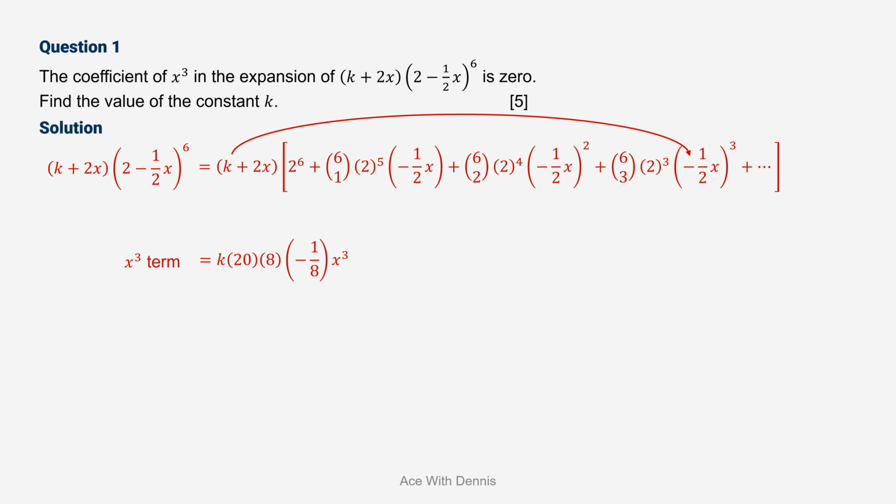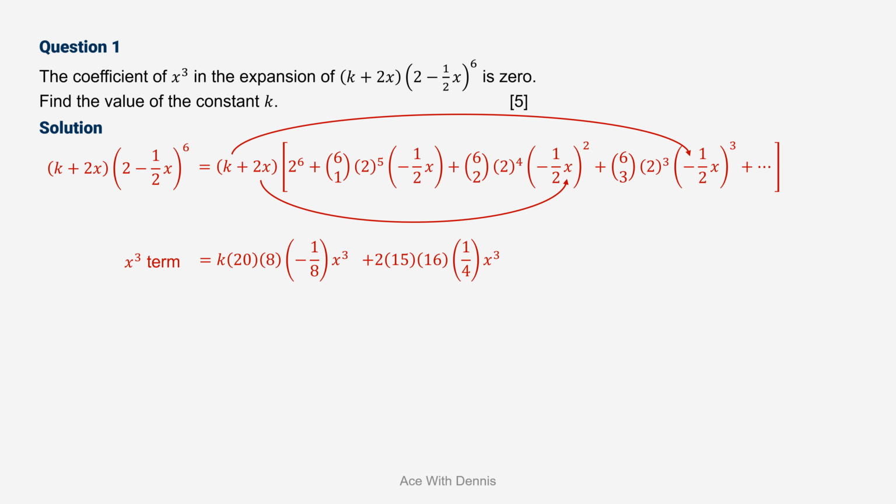Which we get k times 20, because 6C3 is 20, times 8, because 2 cubed is 8, then times negative 1 over 8, because negative half cubed is negative 1 over 8, then x cubed, followed by 2x times the second term in the second bracket, and we'll get 2 times 15 times 16 times 1 over 4 times x cubed.